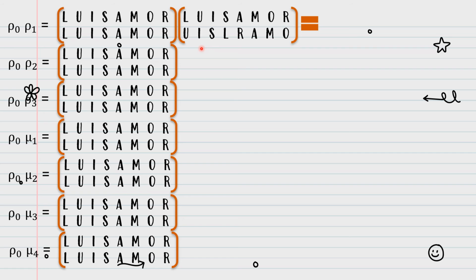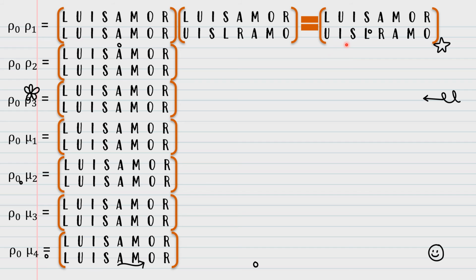So for this one, we have U, and we look for it in the first row, and the corresponding element to it is U. Same with I, so look for it here, and the answer is also I. After continuing the process, we will arrive at this result.